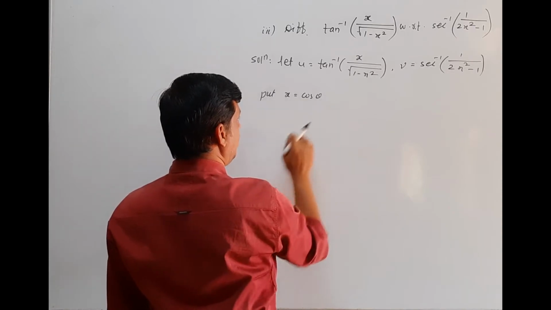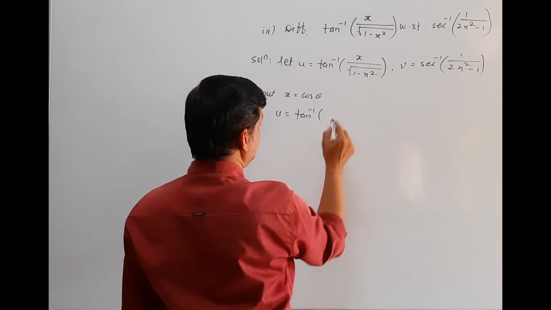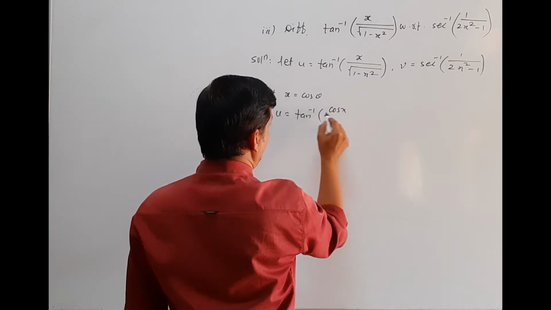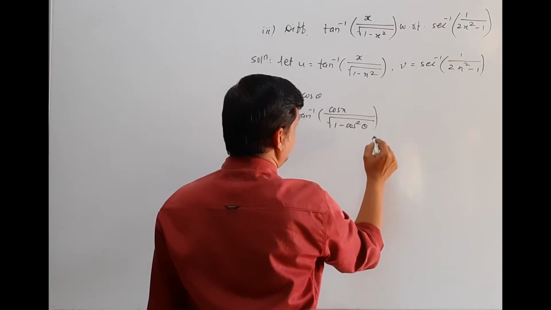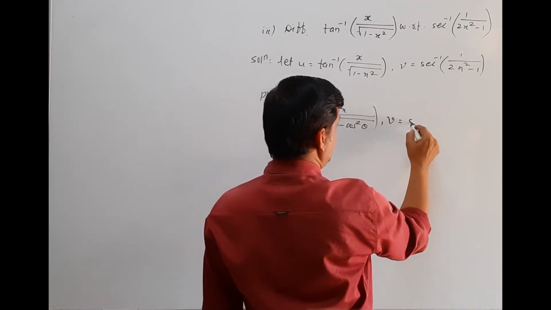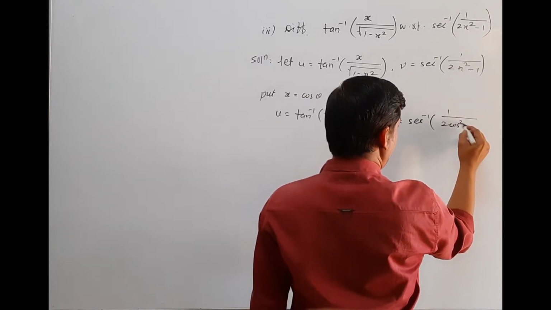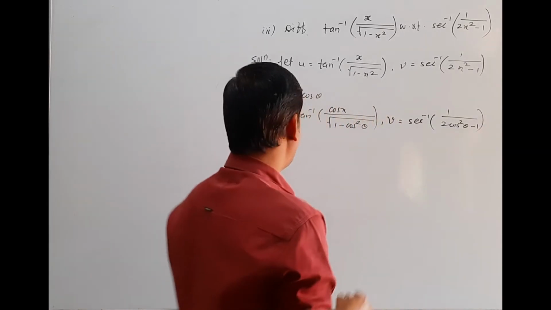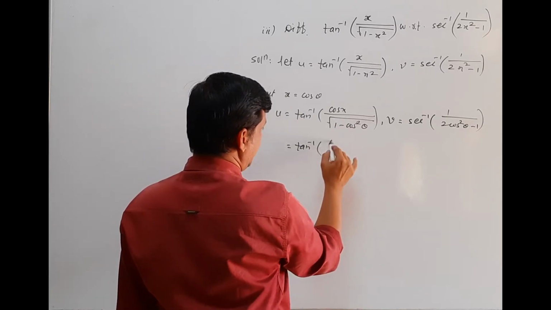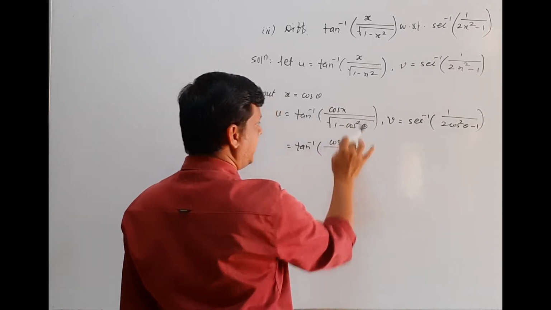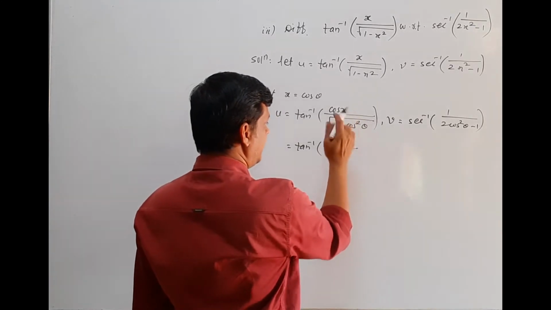So when x equals cos theta, we write u is equal to tan inverse of, in the numerator cos theta upon under root 1 minus cos square theta. V is equal to sec inverse of 1 upon 2 cos square theta minus 1. We know the identity 1 minus cos square theta is sin square theta, so the square and square root get cancelled.